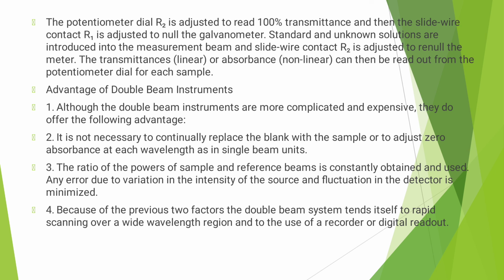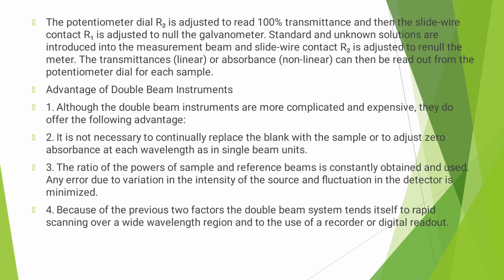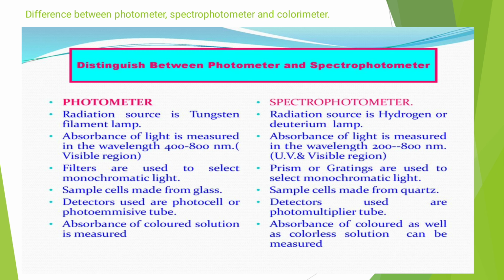So there is no need to adjust the transmittance to 100% every time, and no fluctuation in the intensity of the beam. These are the two advantages of the double beam over the single beam, making it a better technique than the single beam.